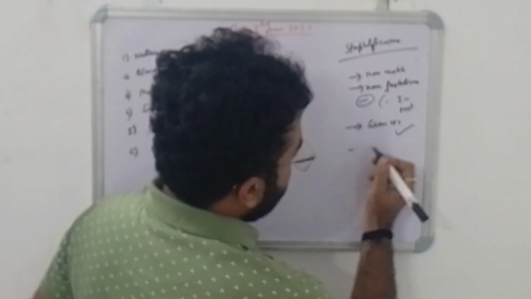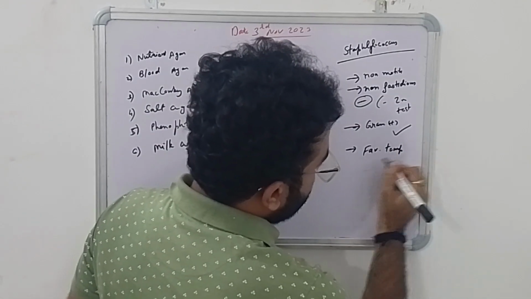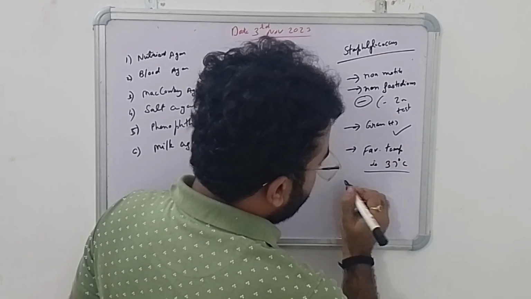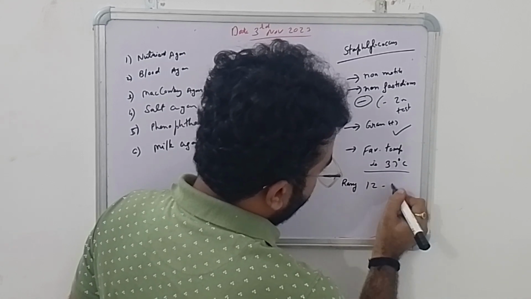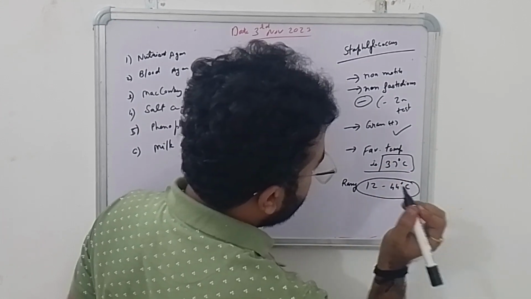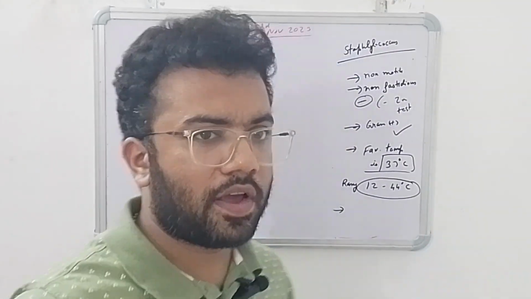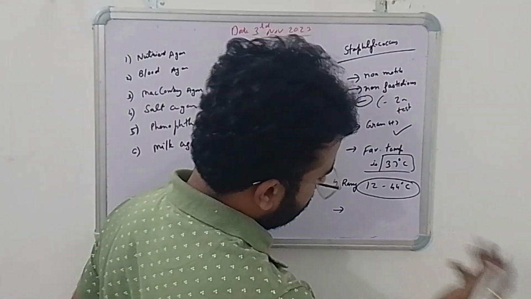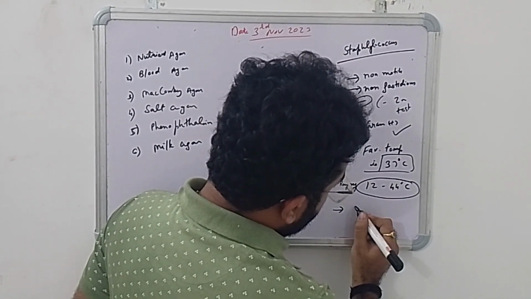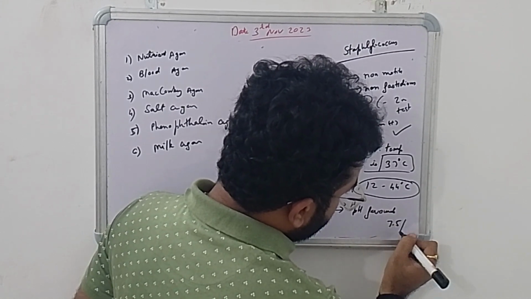Its favorable temperature is 37 degrees Celsius, but it can also grow in a range of 12 to 44 degrees Celsius. This is the range, but its favorable temperature is 37 degrees Celsius, and the favorable pH is 7.5. It's neither basic nor acidic, it's almost 7.5, near neutral.